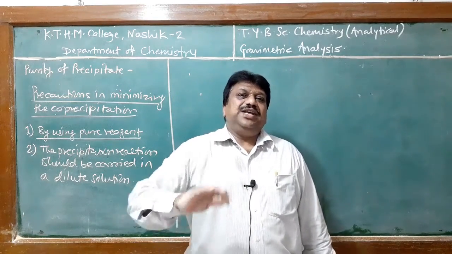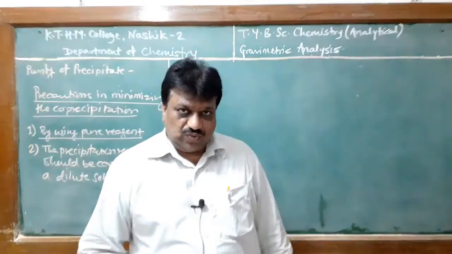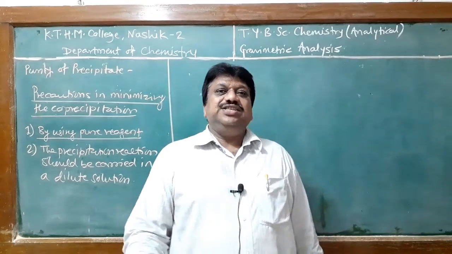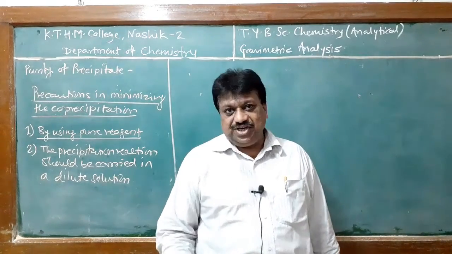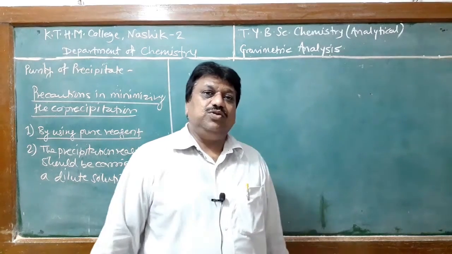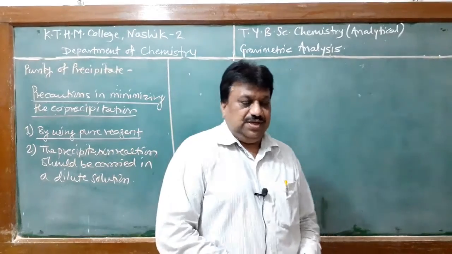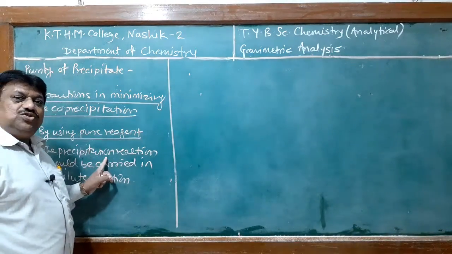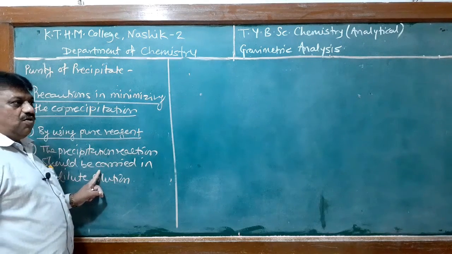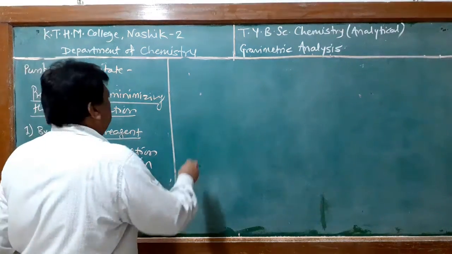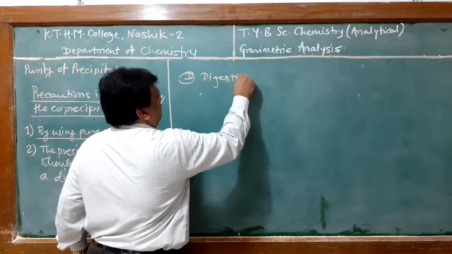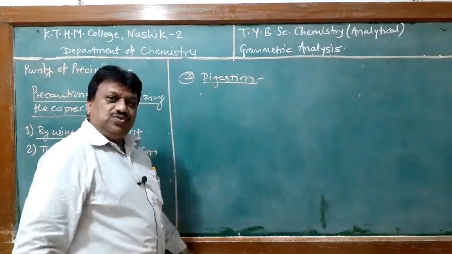Generally the precipitation reaction is carried out in a homogeneous solution, and precipitate formation is carried out by changing the condition of the solution, such as pH, temperature, etc., in order to generate the precipitate in the supersaturated solution. Therefore when we use a dilute solution for a precipitation reaction, we can remove the chance of co-precipitation.